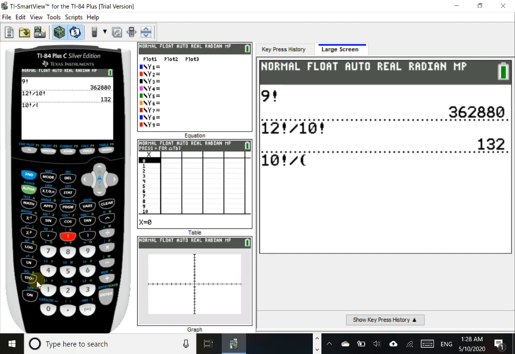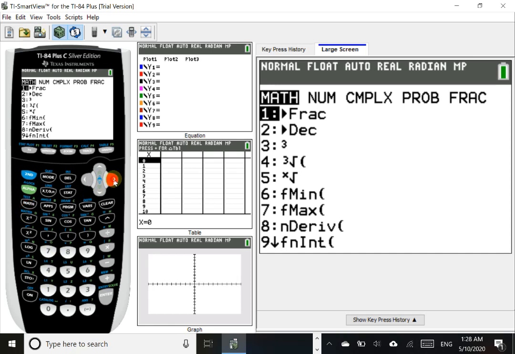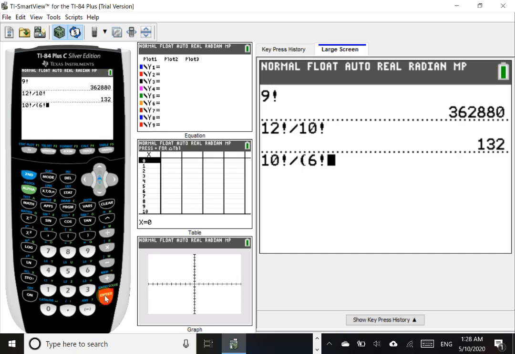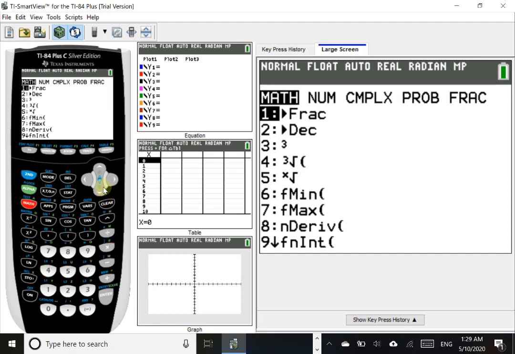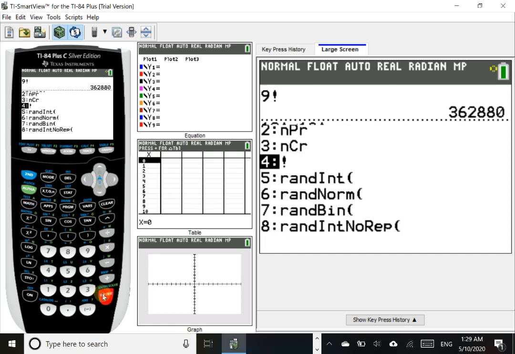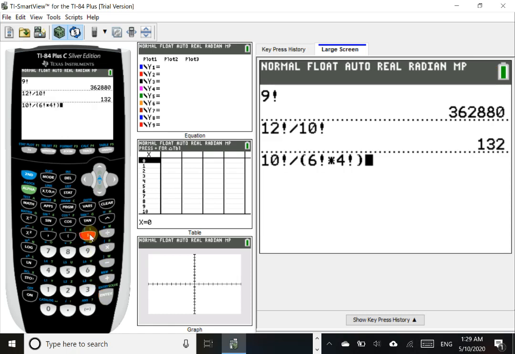So I'm going to go 6 math, go to prob, 1, 2, 3 down, 6 factorial, hit enter. Then we're going to multiply this by 4 factorial, 4 math, and then again go to prob, 1, 2, 3, factorial, enter, and then close parentheses. There you go. Now the order of operation, remember, parentheses gets done first, then 10 factorial gets divided by that. Hit enter again. We get 210, and that's the number that we had before.